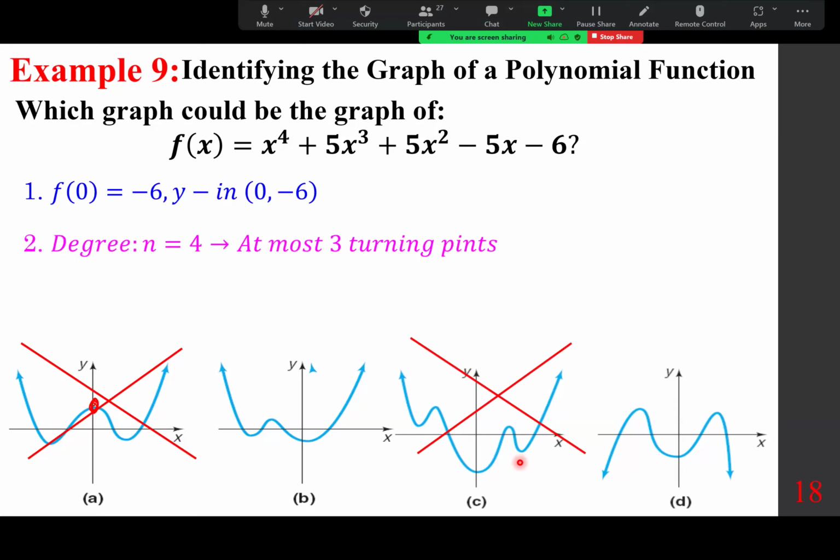Finally, the end behavior is following x to the power of 4. As you know, x to the power of 4 opens up the first and the second quadrant. This opens down and it's out. So there's only one possibility, is this one. Okay, I hope it's clear to everybody. So you can easily see why you would disqualify the rest of it.